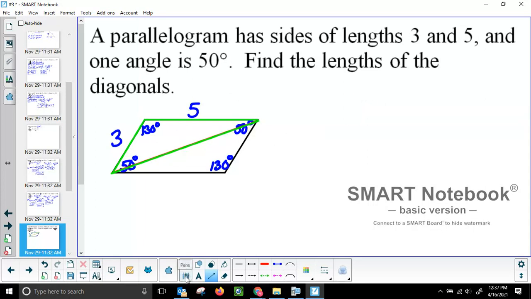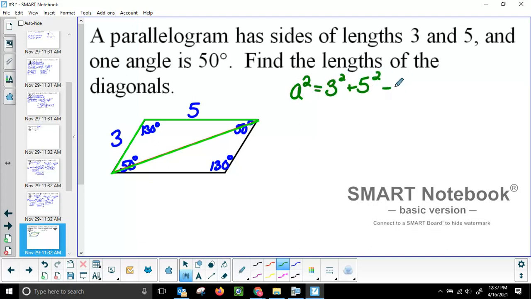So all we have to do here, I'll use green for this, so we can say a squared is equal to 3 squared plus 5 squared minus 2 times 3 times 5 times the cosine of the angle that's between my two sides there, 130 degrees.